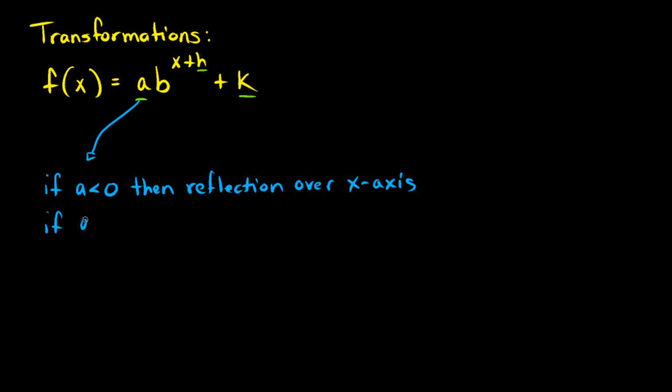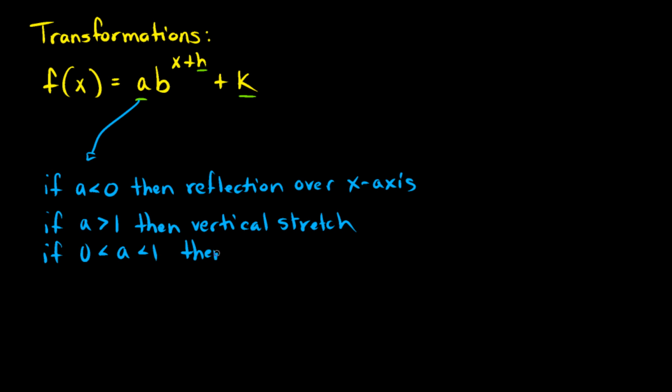If a is positive and it's greater than 1, then there's going to be a vertical stretch. If a is in between 0 and 1, then there's going to be a vertical compression.